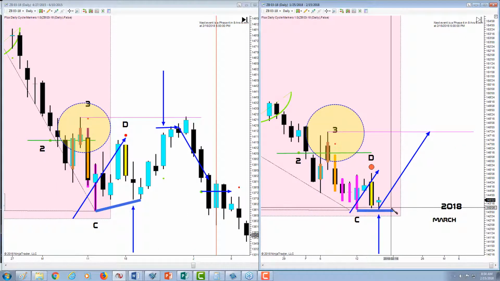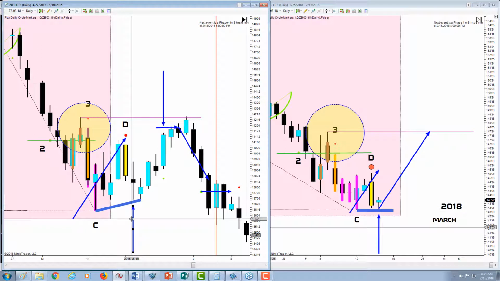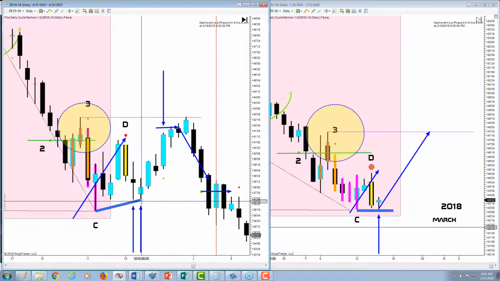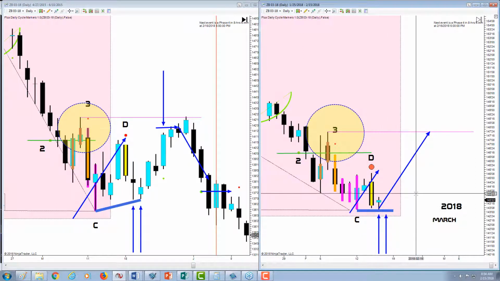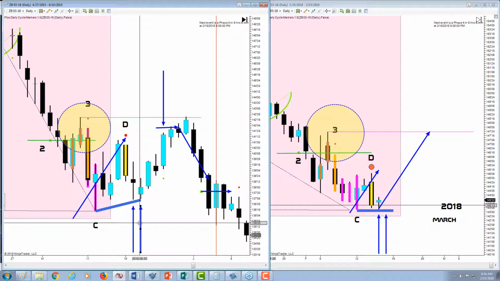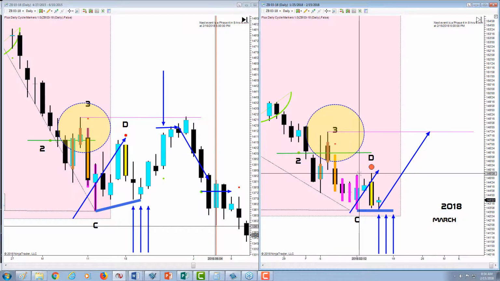It was just a flat out plain Jane bottoming pattern right here. So today and tomorrow are retests of the low with sideways movements, congestion with half-hearted pumps. Third day, possibly, we have the big launch right back up in towards the highs of D at the 145 area.